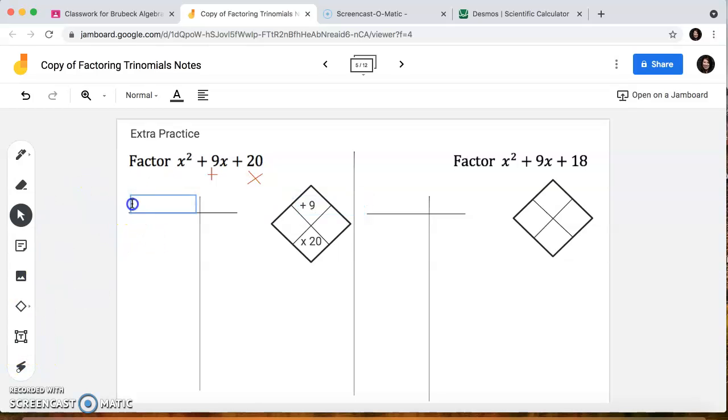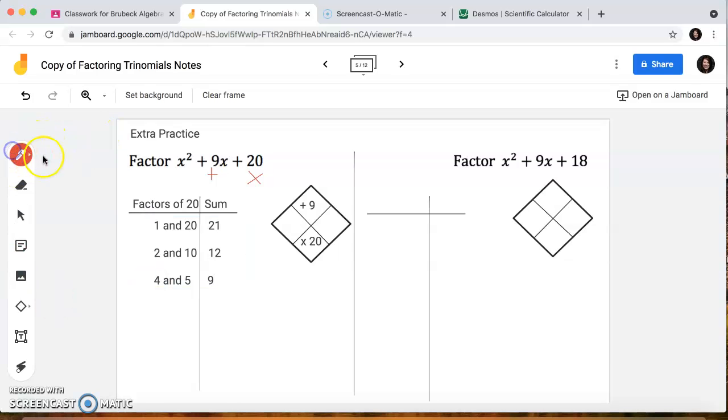And so, factors of 20, and then on this side we'll find the sum. Factors of 20, let's see, we'd have 1 and 20, 2 and 10, and 4 and 5. And then we want to add them. So 1 plus 20 is 21, 2 plus 10 is 12, and 4 plus 5 is 9.